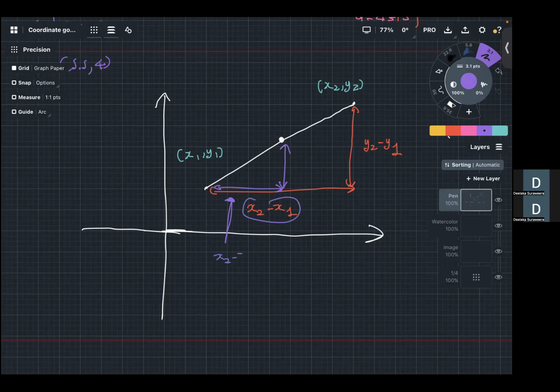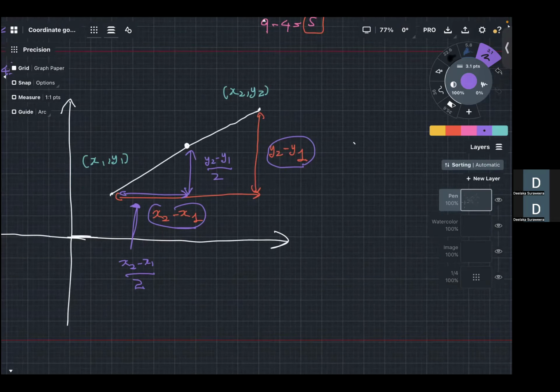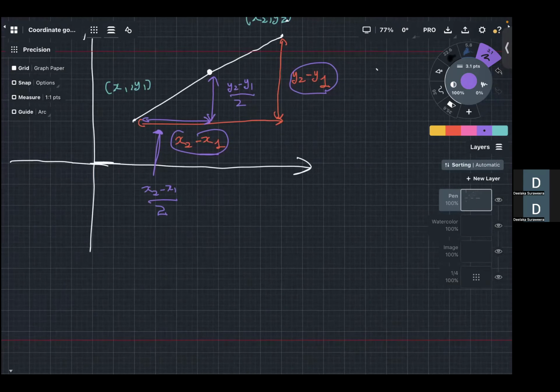The total is x2 minus x1, so half of that is x2 minus x1 over 2, because we don't know what either of those are. And vertically, the same thing: y2 minus y1 over 2.